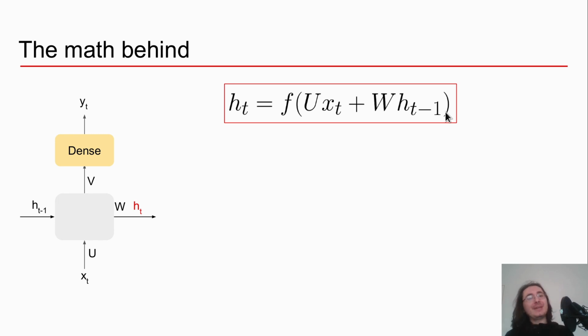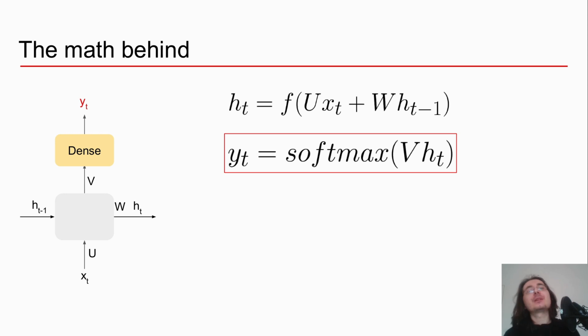Now that we have ht, we can get the output, and the output is just a softmax activation function applied to ht. And here we have a multiplication between V, the weight matrix, and ht, and that gets into the dense layer.